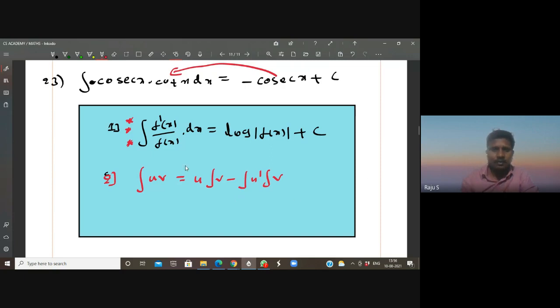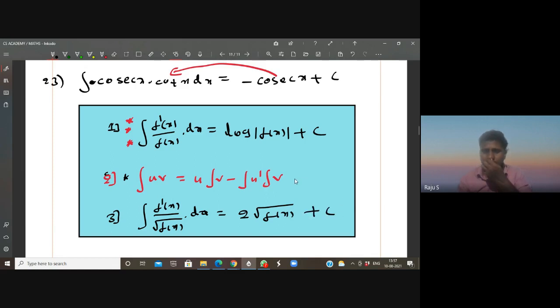The third important formula, this is called integration by parts. Integral of f dash of x by root f of x dx is equal to 2 root f of x plus c, compulsory. Here also plus c is compulsory.